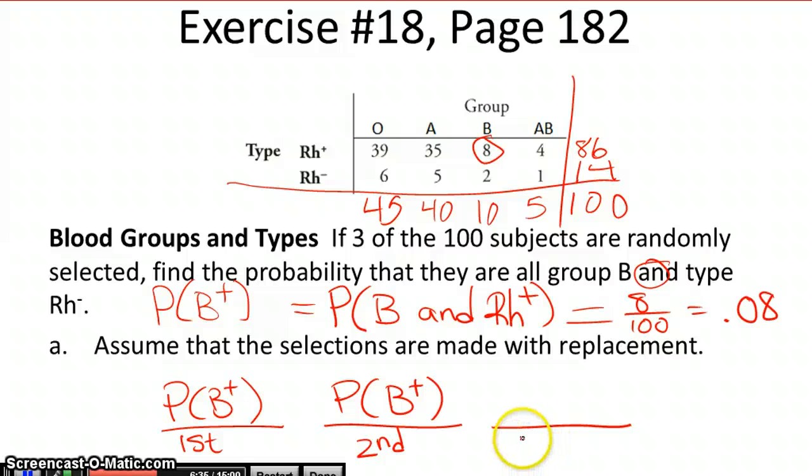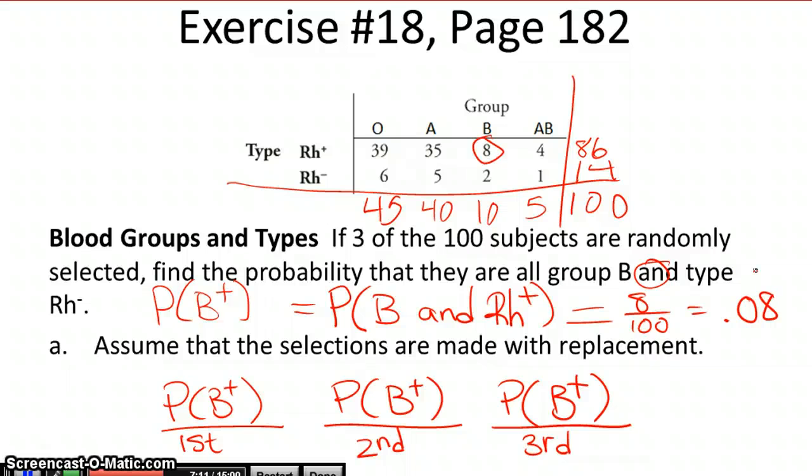Now, suppose we pull a third person, and we're going to be interested to know what's the probability that their blood is also B positive. Then, since we're drawing our subjects with replacement, all of the relative frequencies are still the same because we put the previous 2 subjects back into the population of 100 in this case, and the likelihood of pulling a person with B positive blood still has a relative frequency of 8%.